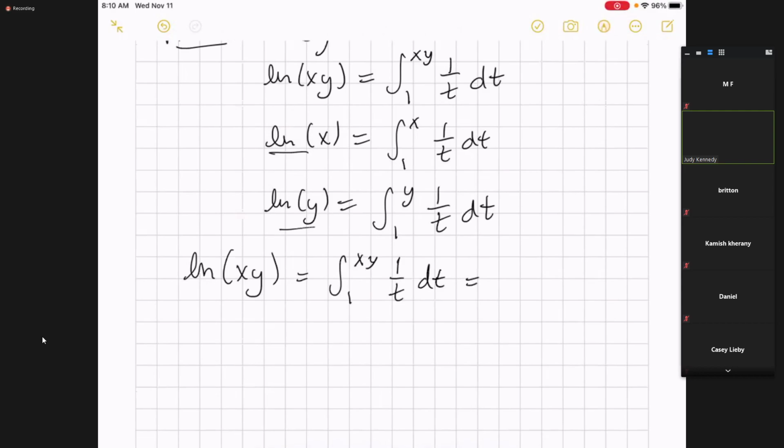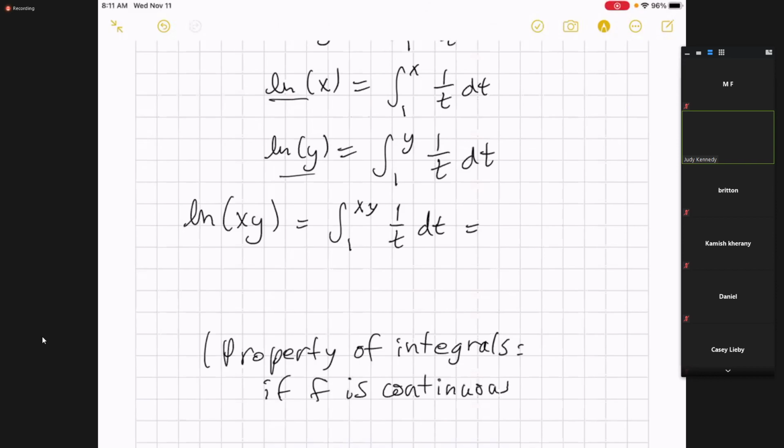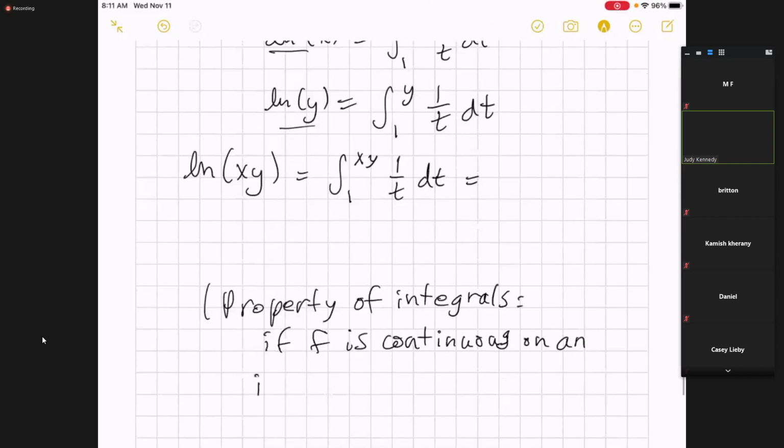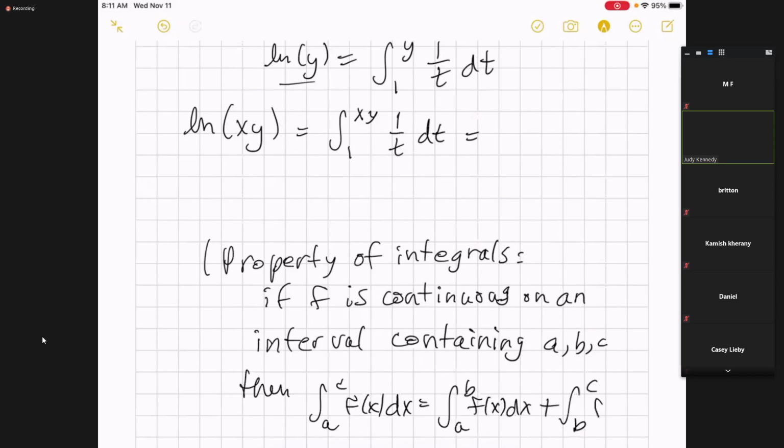And I'm going to use a property of integrals, the one that says if f is continuous on an interval containing a, b, and c, three numbers, then the integral from a to c of f is equal to the integral from a to b of f plus the integral from b to c of f.